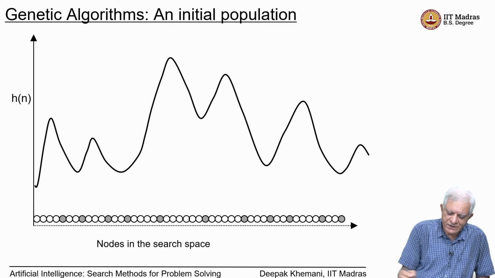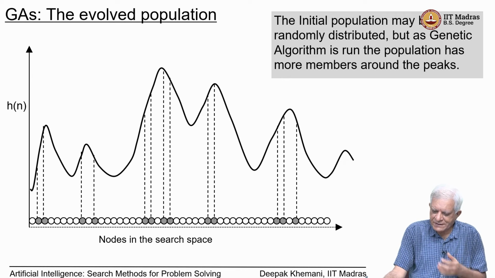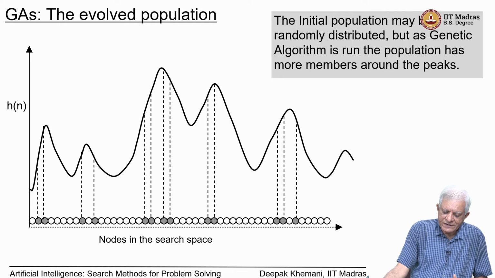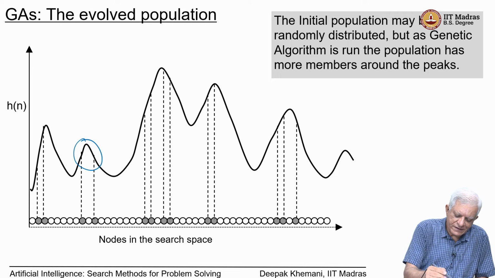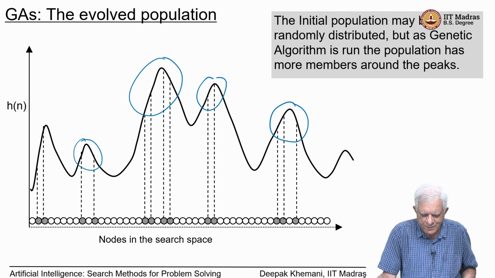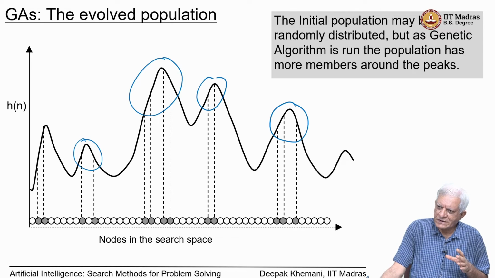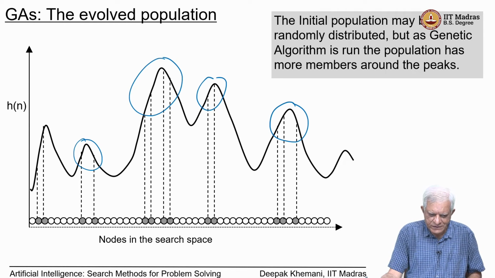So, you can see that the shaded nodes are spread all over the place, and what happens in practice, as we have seen, is that as the algorithm is run, these candidates tend to cluster towards the different peaks in the state space. So, for example, some candidates are here, some candidates are here, some candidates are here, and so on. You can think of them as different life forms being formed or something like that, but in general they tend to gravitate towards maximum. So, genetic algorithm also is known to work quite well.